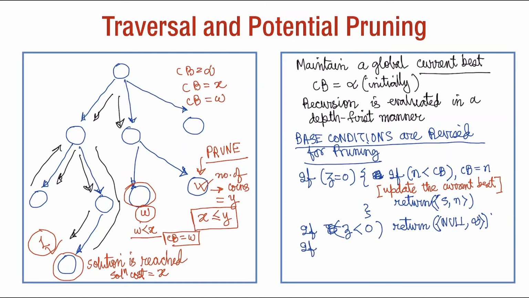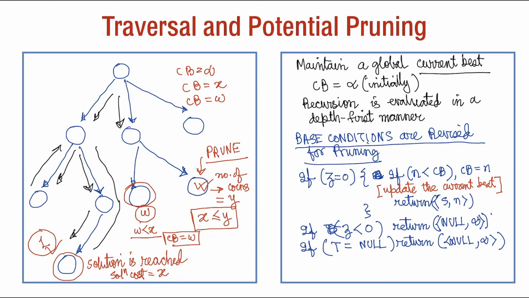If t is equal to null, again we will return null infinity.